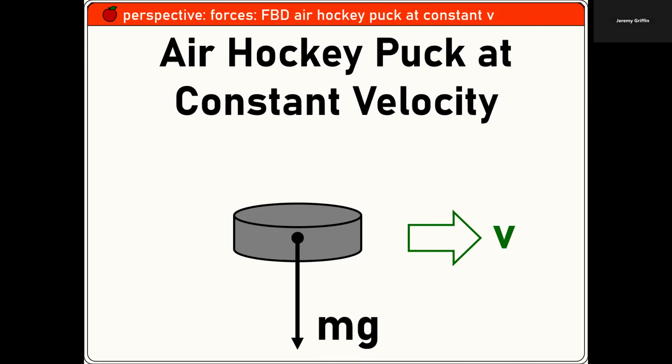Yeah, okay, there's the weight down, there's the air jets going up. Now, if this hockey puck is already in motion, are there any horizontal forces? No, of course we're ignoring the air drag. Now, when you hit it with the paddle initially, that was a force, right? But that's already happened by the time it's in motion. That was in the past.